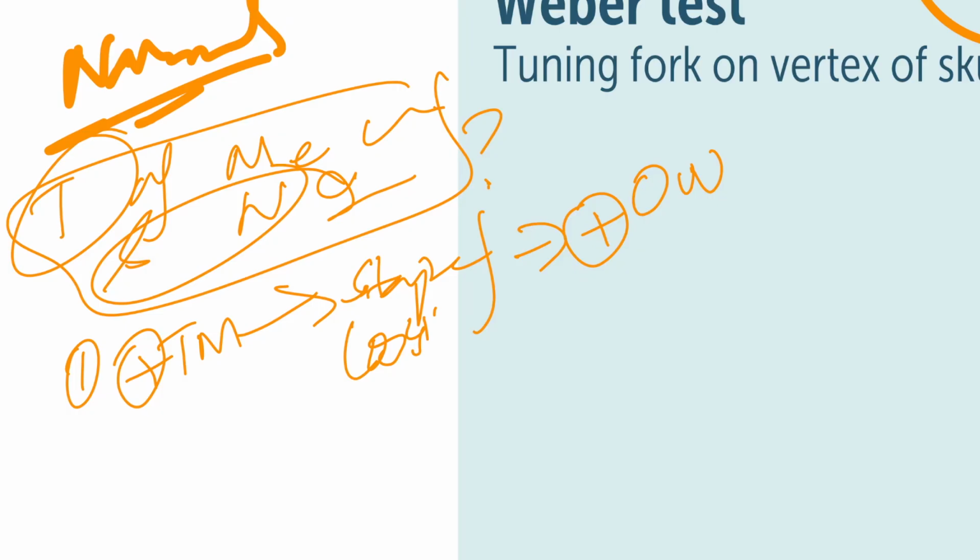Now, when you stimulate the oval window, that will cause vibration of the basilar membrane. Let's just write B, basilar membrane. Just remember here, basilar membrane, simple thing.